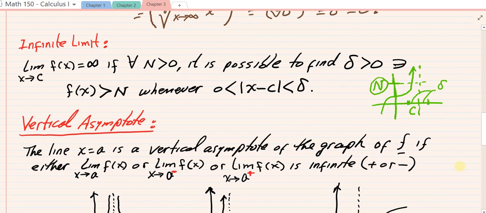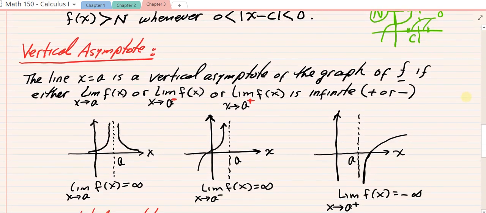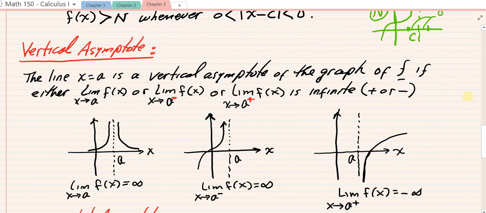Now I have actually a drawing for these for you, and there you have it. The case where x approaches a and the function approaches infinity means that. Remember, as x approaches a, you have to consider the case where it approaches a from the right or from the left. So when we say the limit as x approaches just a, not from the right, not from the left, is infinity, then this is what it would look like on the graph.